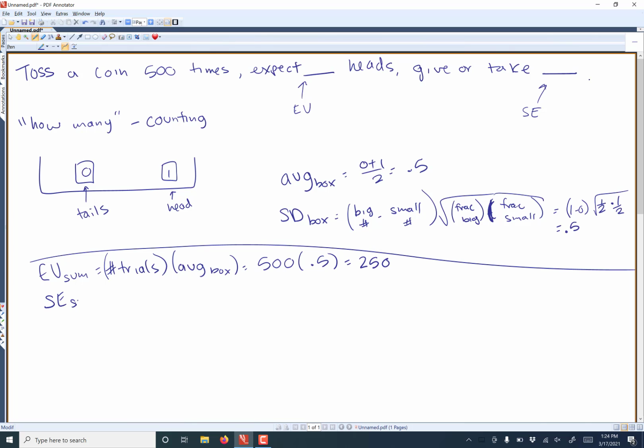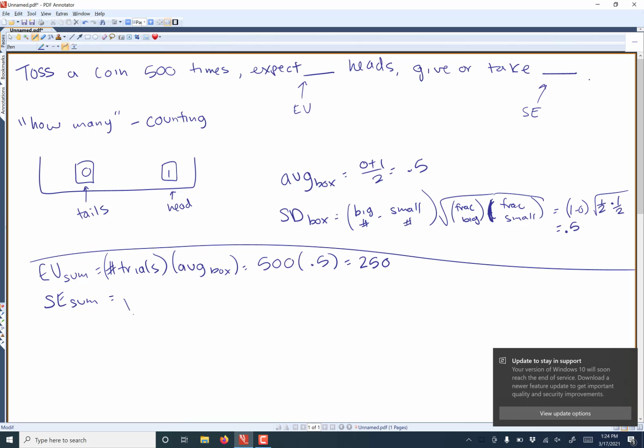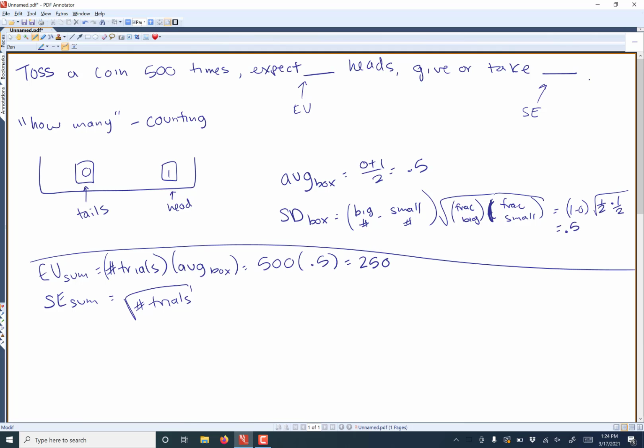And the standard error for the sum is equal to the square root of your number of trials times the SD of the box. So it'll be the square root of 500 times 0.5. This one I need my calculator. You should get 11.18.